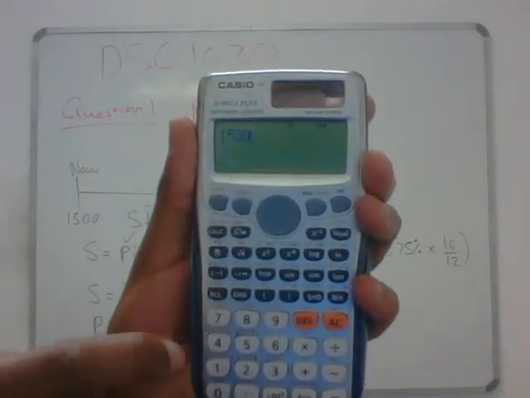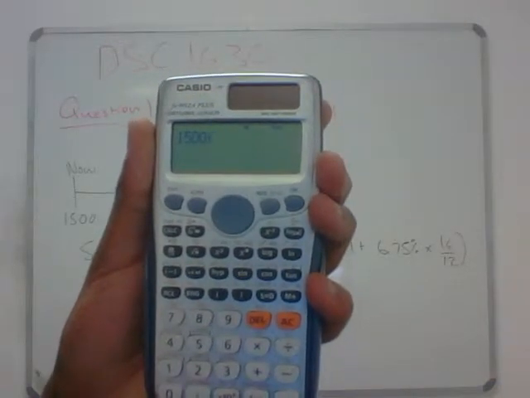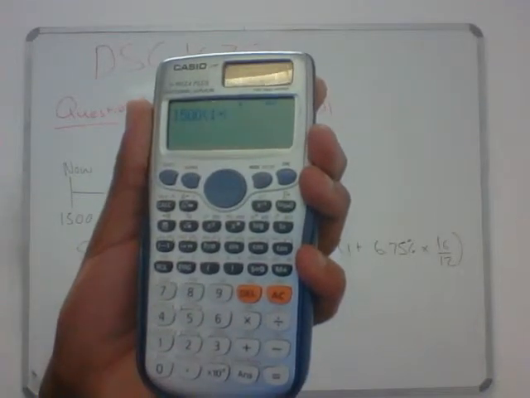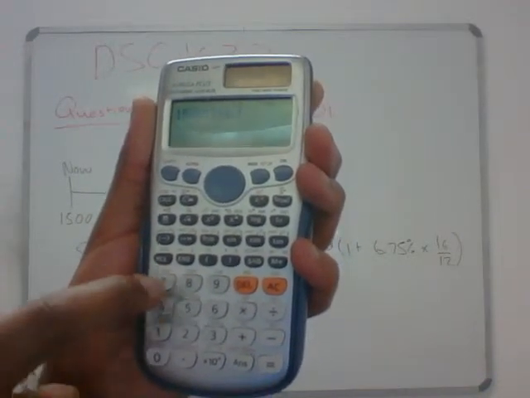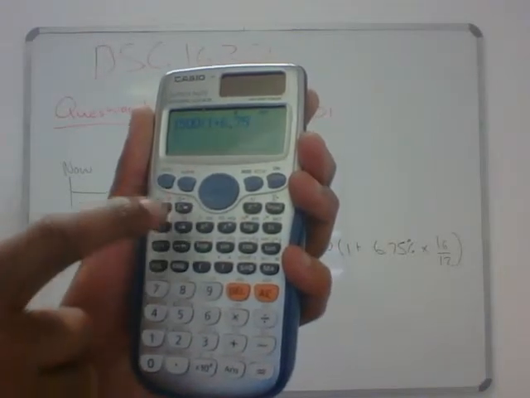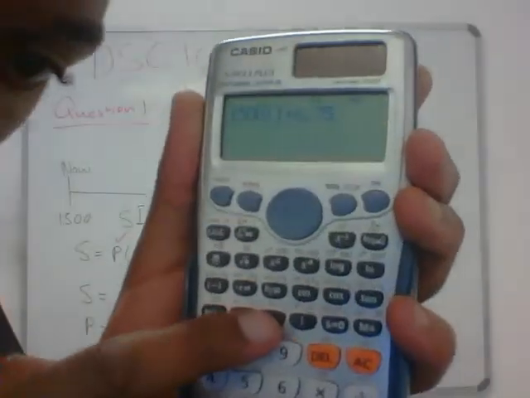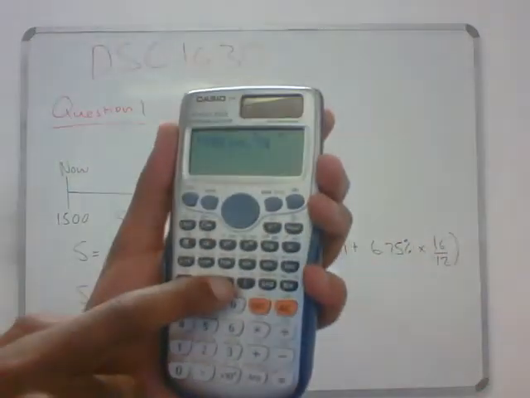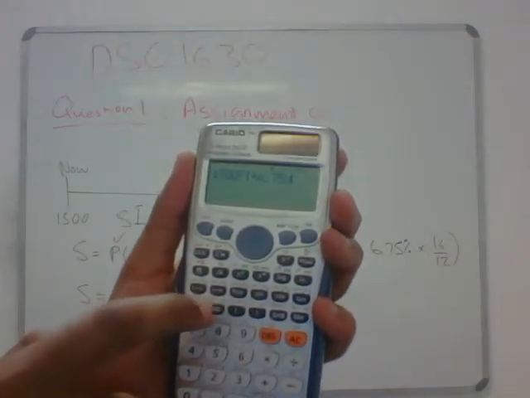We have 1,500, then open bracket, then 1 plus 6.75%. The percent is in yellow, on top of this bracket over here, so you press shift first because it's in yellow, then you press percent.